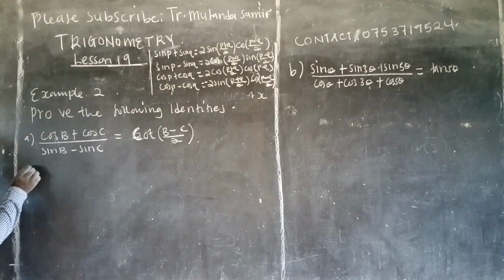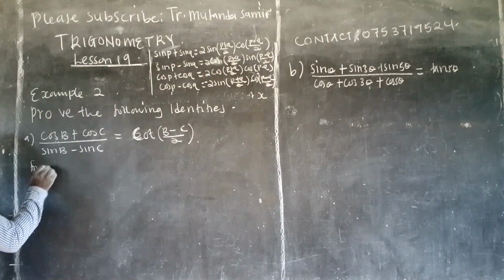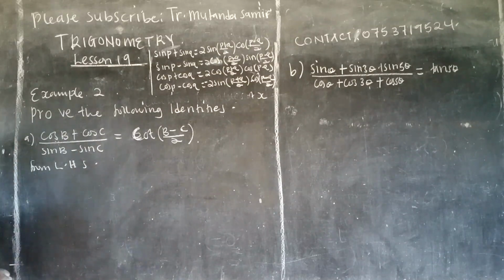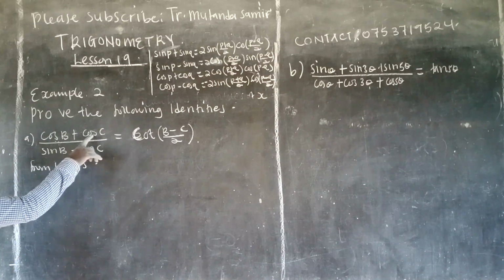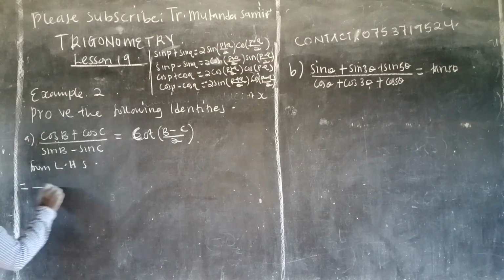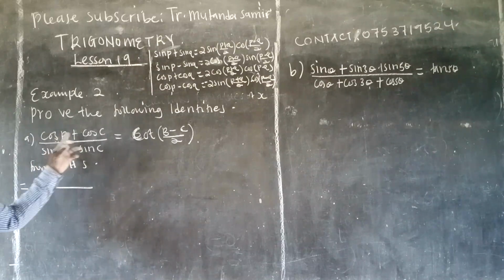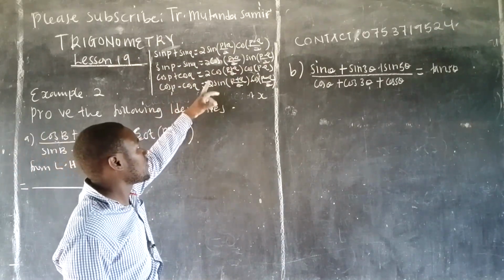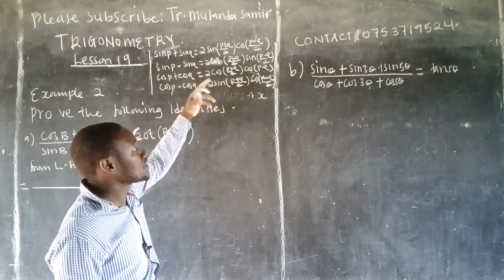So I will say, okay, from the left-hand side, we have cos B plus cos C. That will be our proof. I'm going direct. Now cos B plus cos C, that means it is cos P plus cos Q, and cos P plus cos Q means 2 cos.